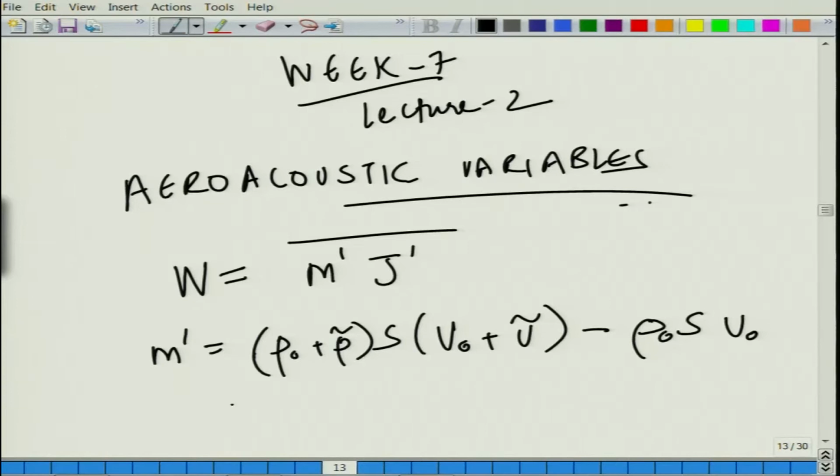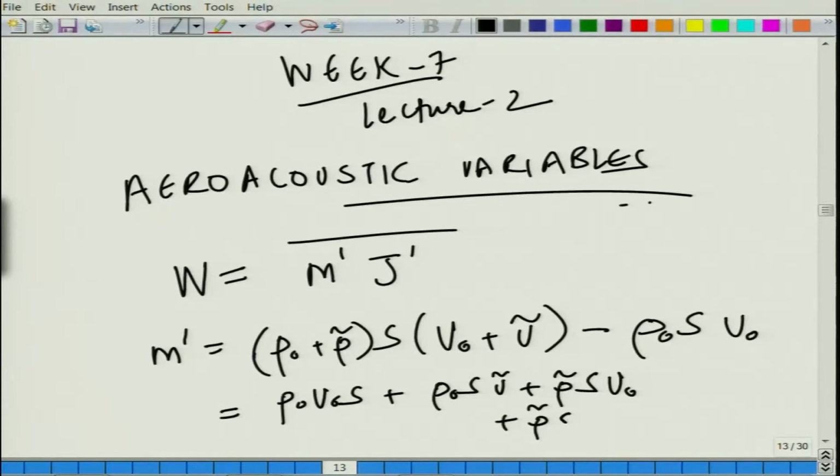Now when you multiply out the terms, that is rho naught u naught S, rho naught S u tilde, rho tilde S u naught, and rho tilde S u tilde, minus rho naught S u naught. Let us see what happens.